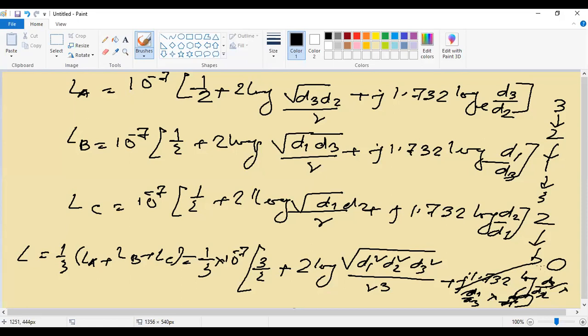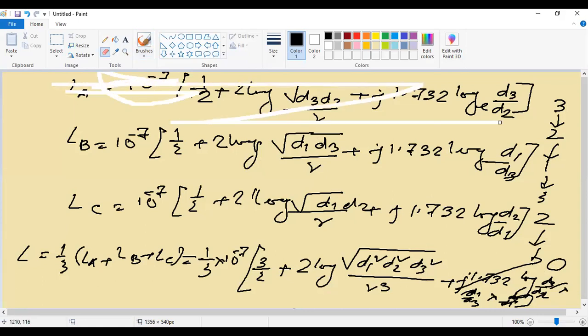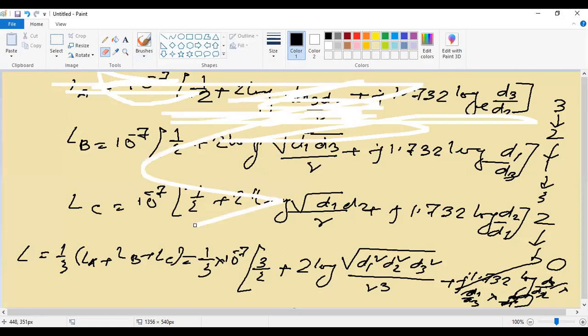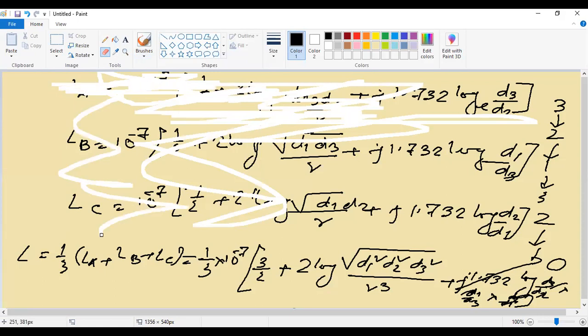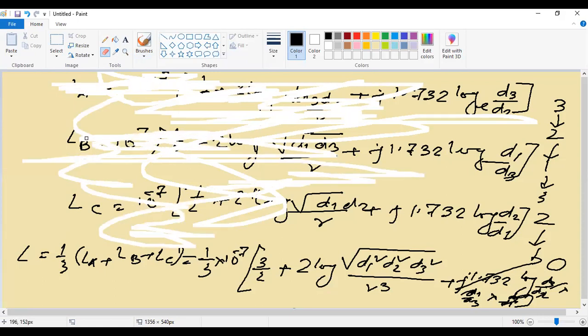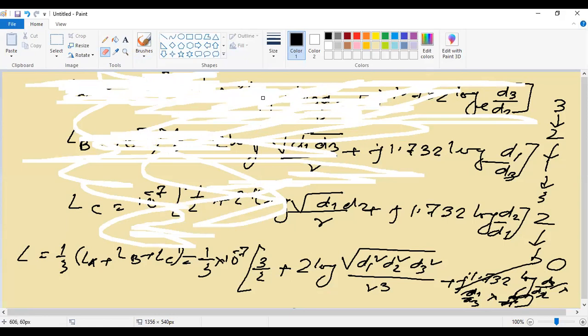Now you see, here we'll write L equal to, okay, just a minute.